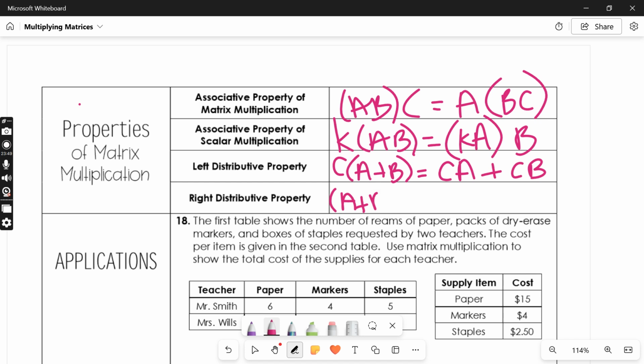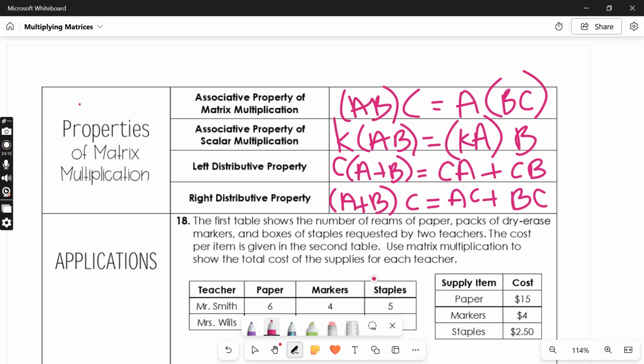So that's changing the order. Okay, if I have A plus B times C, that's going to be AC plus BC. And those do not have to be the same thing for matrix multiplication. Most of the time they're different. Very unlikely that they would be the same.